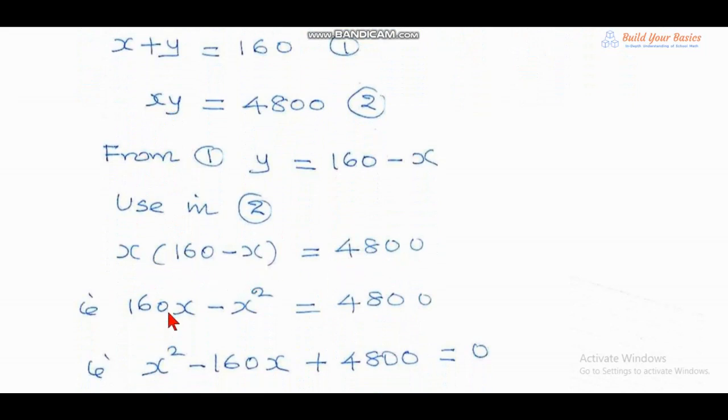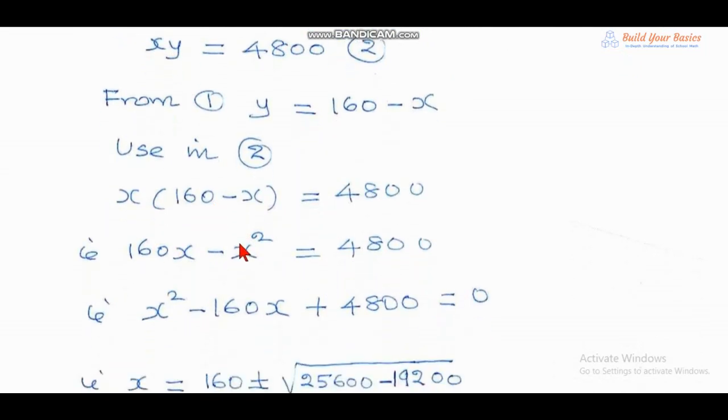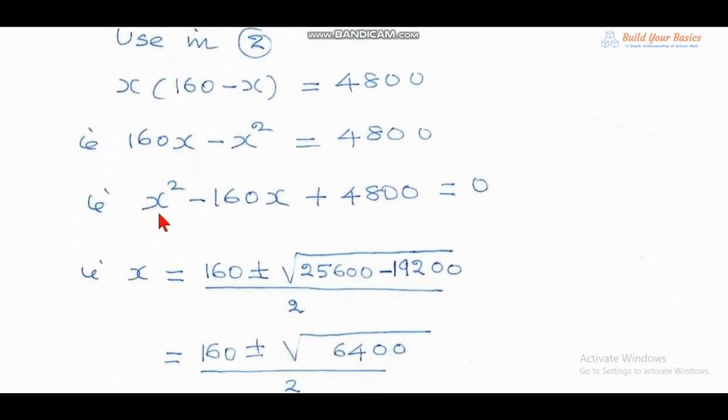That is 160x minus x squared equal to 4800. That is x squared minus 160x plus 4800 equal to 0. A quadratic equation, let us solve it by formula method.